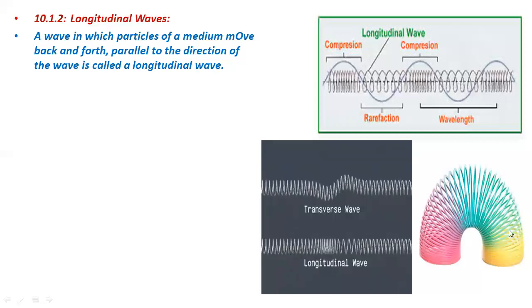So the wave produced in the slinky spring, you can see the wave is moving from left to right, and the particles of the slinky spring also move from left to right. So both are in the same direction, and you can say that both are parallel to each other. Particles of the slinky spring and also the wave are moving in the same direction from left to right.